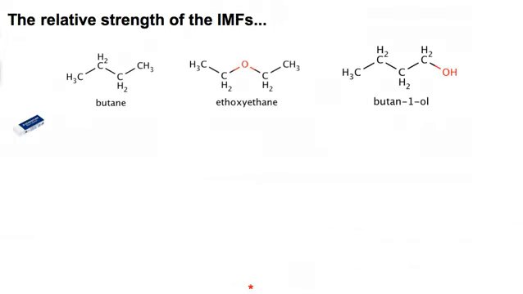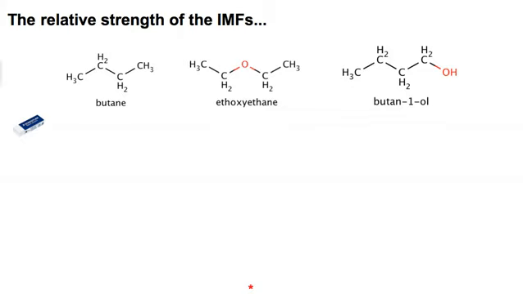So when we want to talk about the relative strengths of intermolecular forces, we typically keep it fairly straightforward. We're not changing too many variables. So if we look at this as an initial example, we have three different molecules here, all with different functional groups. So we have an alkane, so that's a non-polar molecule.